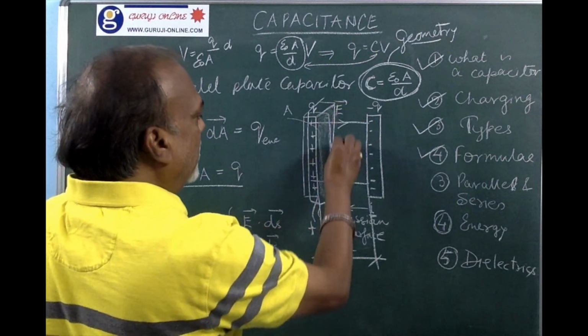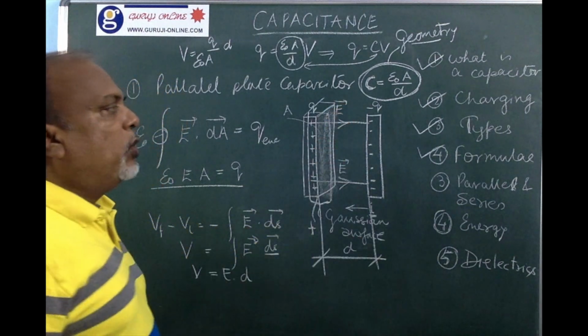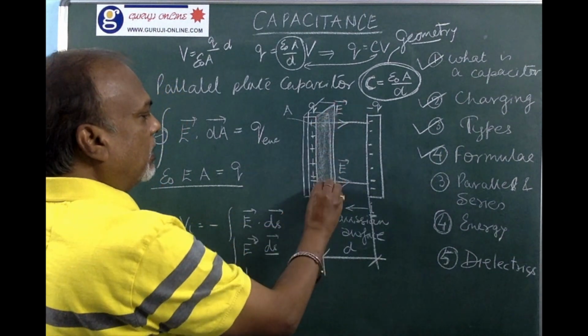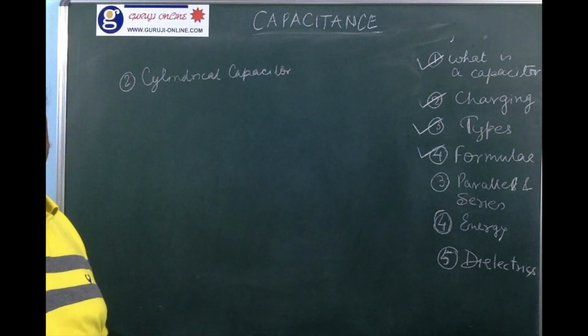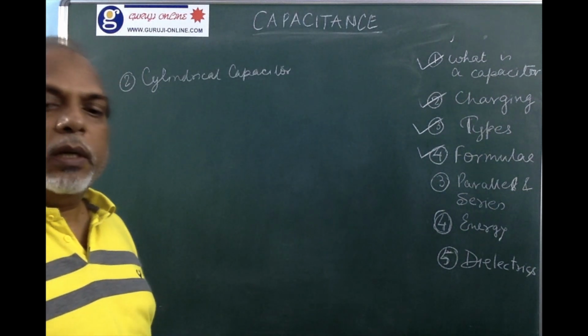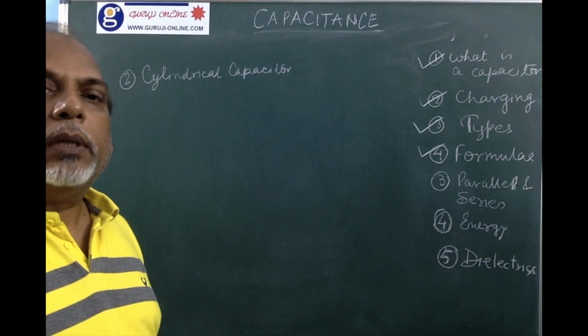This area is nothing but the area parallel to this equipotential surface. Correct? Now let us see how we can calculate the capacitance in the case of a cylindrical capacitor.